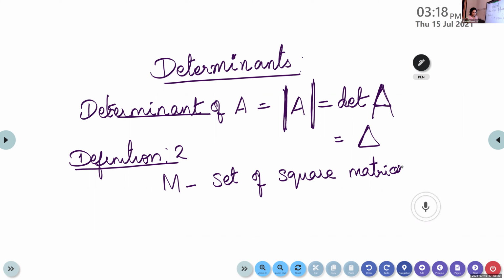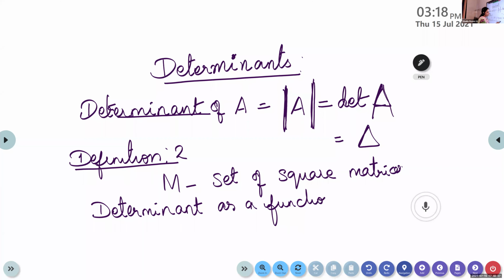Then we can consider the determinant as a function. It is a function from M to R. What is R?